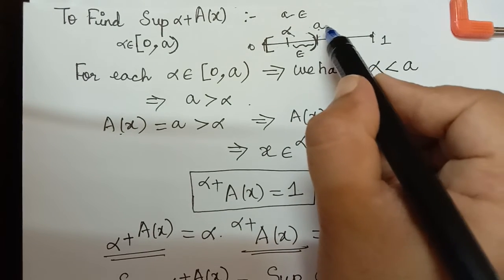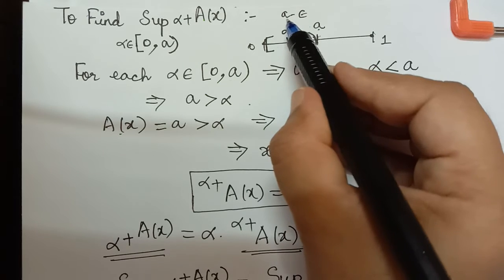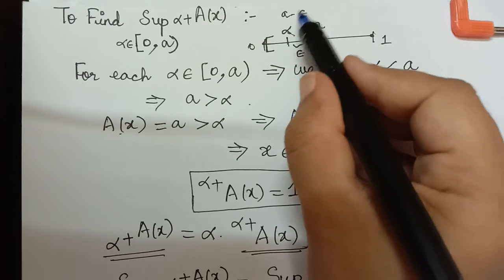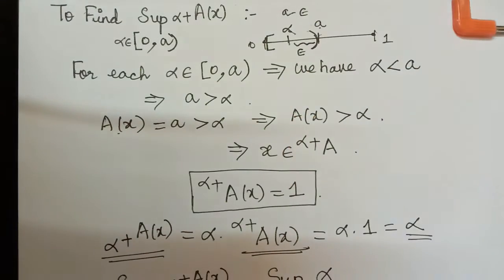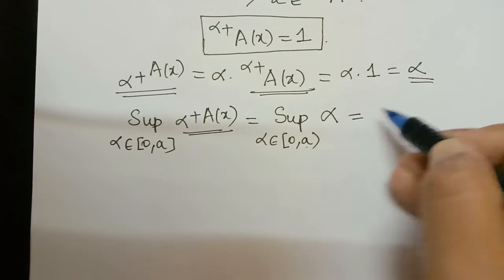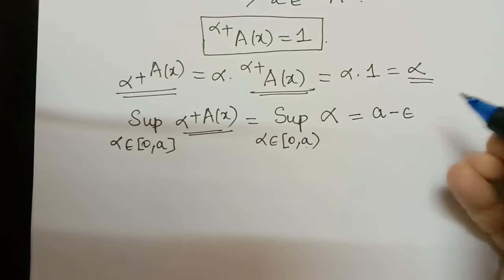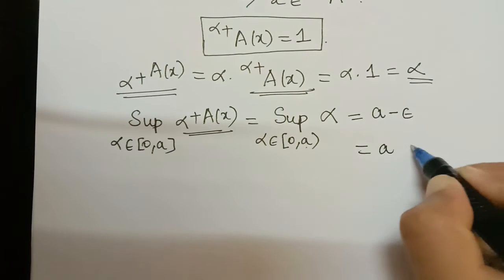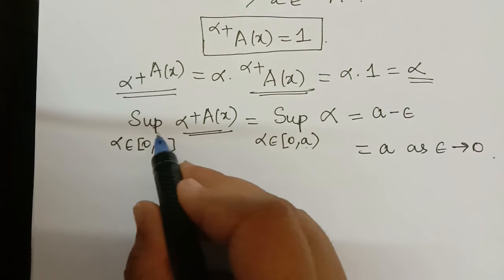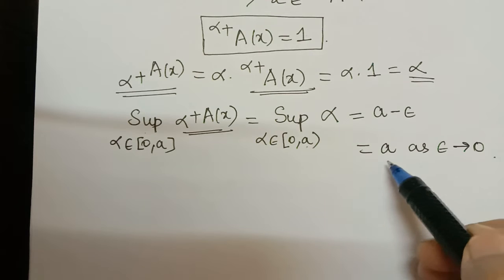It is some value we subtract from a, and we choose it to be an insignificant quantity epsilon. So this will be equal to a minus epsilon, which is equal to a as epsilon tends to 0. Therefore the supremum of the special fuzzy set is equal to a.